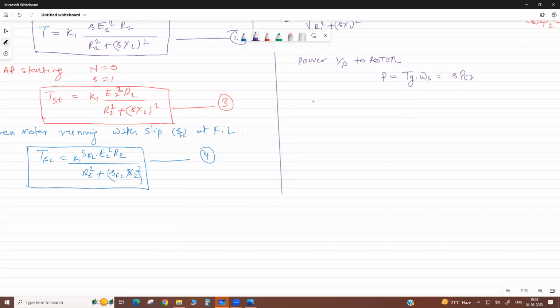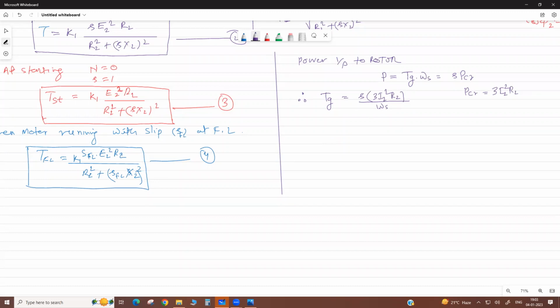Then we can calculate the gross torque Tg as slip times PCR, the rotor copper loss, divided by omega S. What is the PCR? PCR equals 3 times I2 square R2.